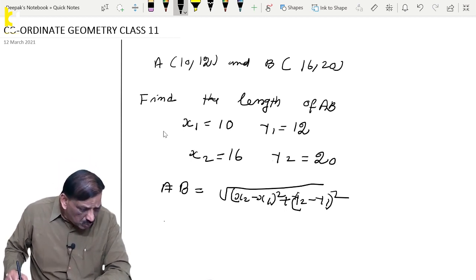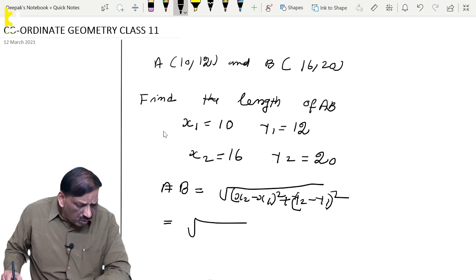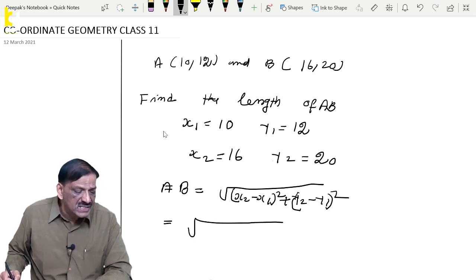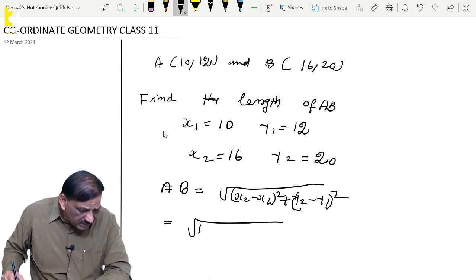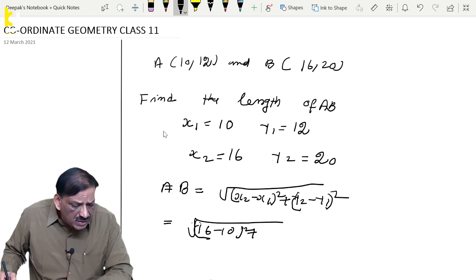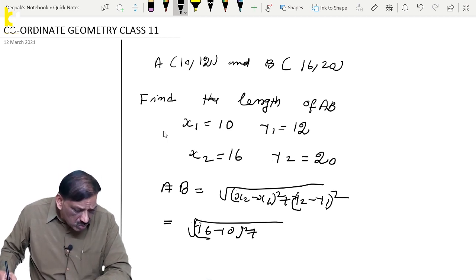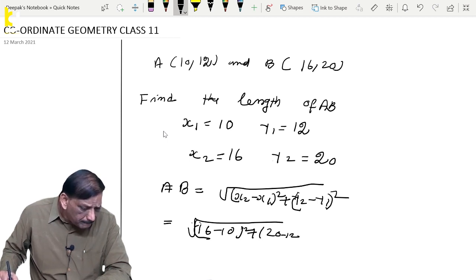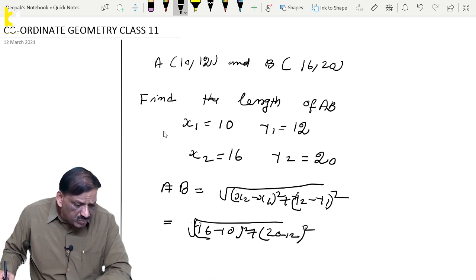That is equal to root of, here x2 minus x1, that is (16 minus 10) whole square plus (20 minus 12) whole square.